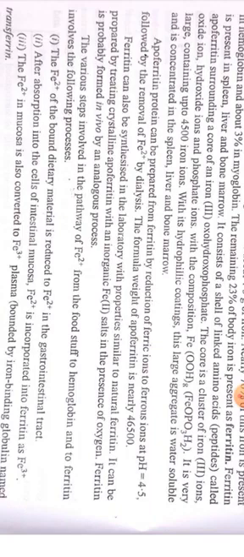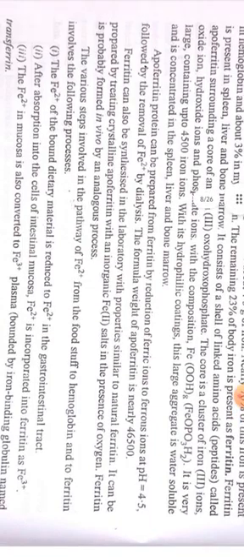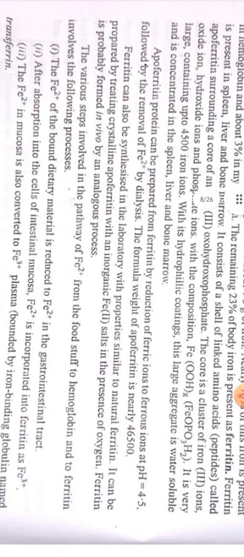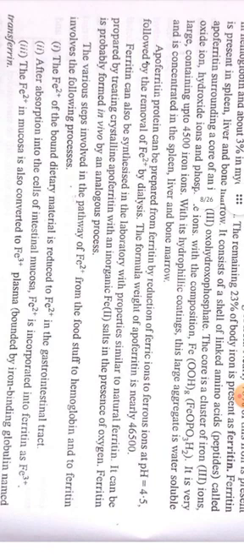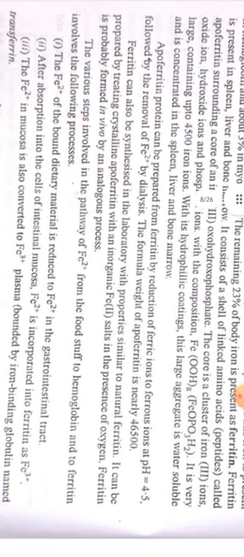The core is a cluster of iron(III) ions, oxide ions, hydroxide ions, and phosphate ions with the composition (FeOOH)8, FeOPO3H2. It is very large, containing 45,000 iron ions, with its hydrated coating, this large aggregate is associated with water molecules and concentrated in the spleen, liver and bone marrow.